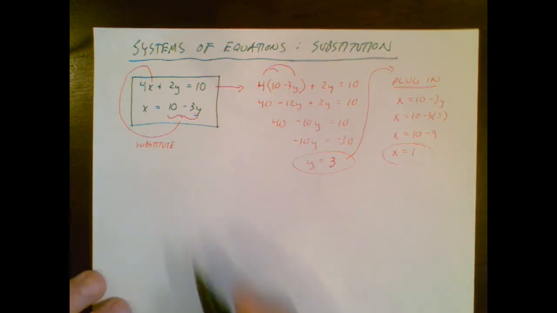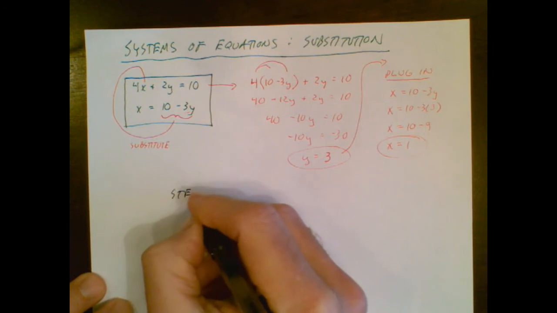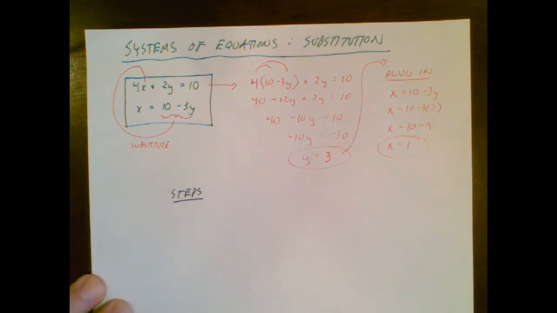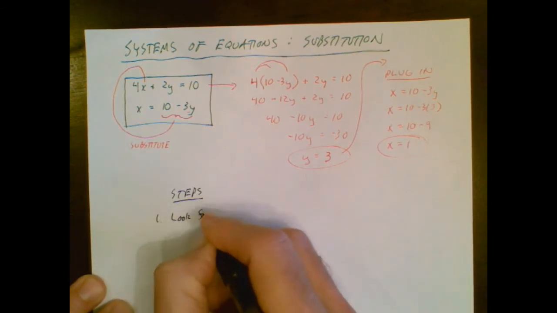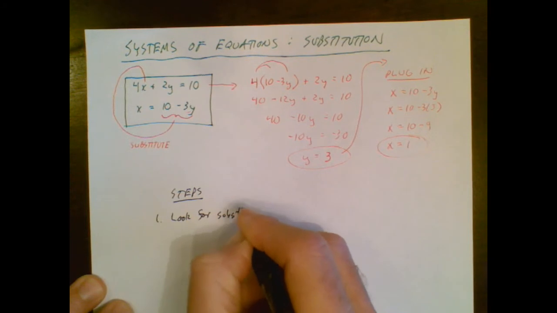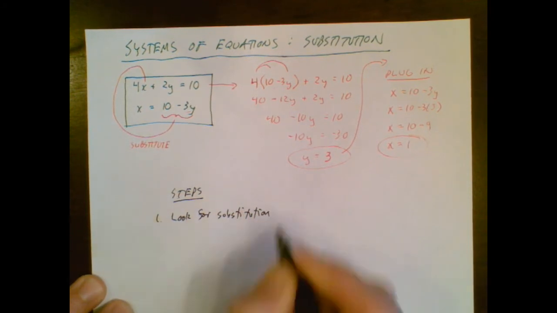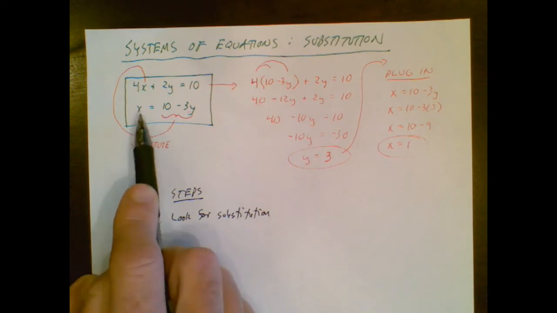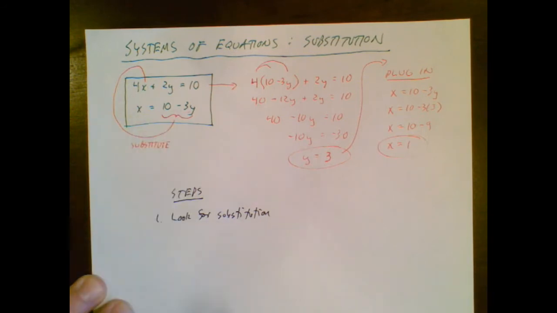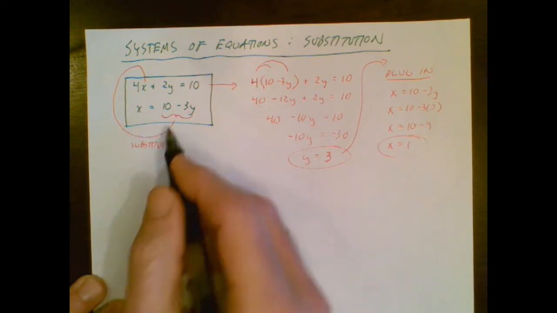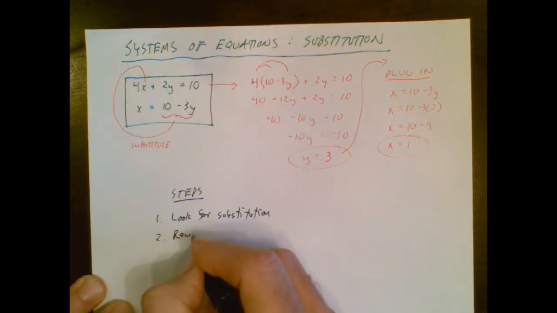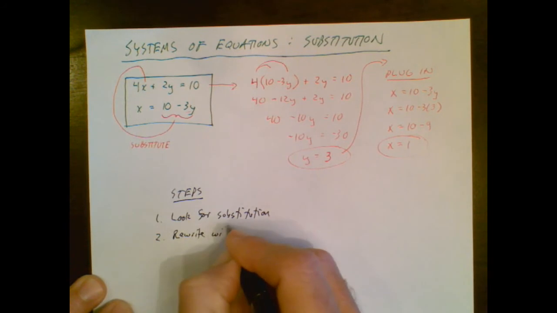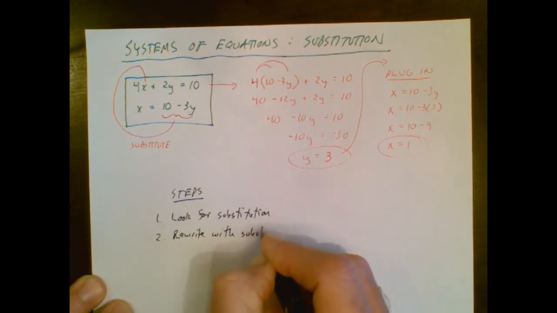I'm going to summarize the steps. When I look at my original system, the first thing I do is look for a substitution. My substitution was there because x was the same thing as 10 minus 3y. After I find that substitution, I rewrite an equation with the substitution.